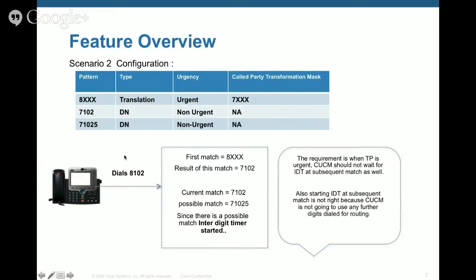So what happens when a phone dials 8102? That has a translation pattern here which has urgent priority checked, which transforms to 7102, which will again come here. Since you have two overlapping patterns, the call manager will invoke the interdigit timer here once again. So here is another use case from many of the customers.